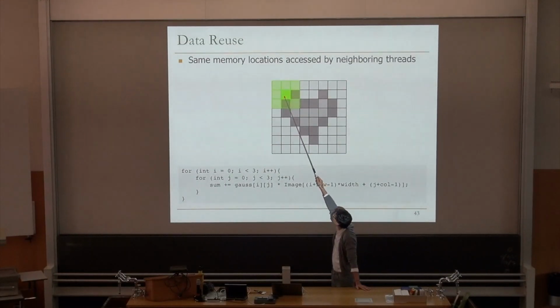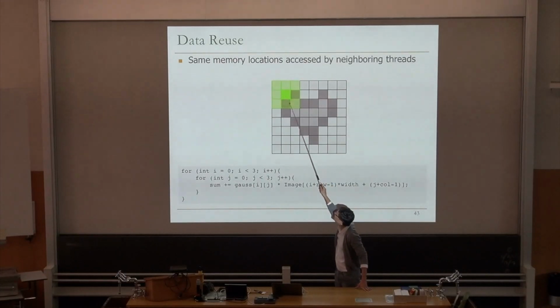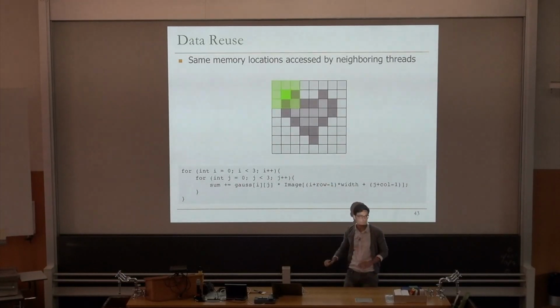When we move to the next pixel, we will need to reuse some of the pixels that we already accessed when we computed for this one. In particular, this, and this are going to be used again when we compute the output for this pixel. So here, out of 9 pixels, we will be reusing 6 of them.